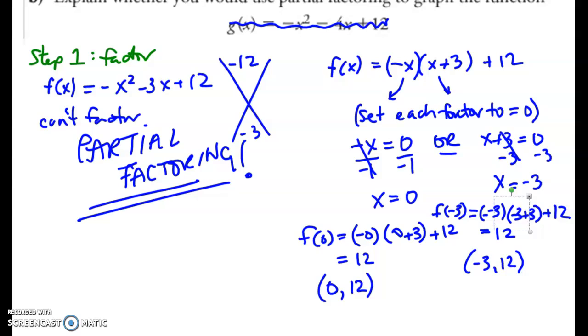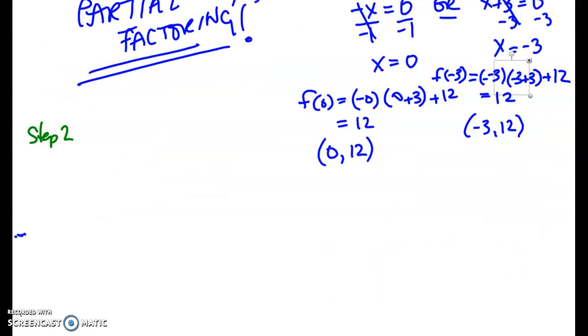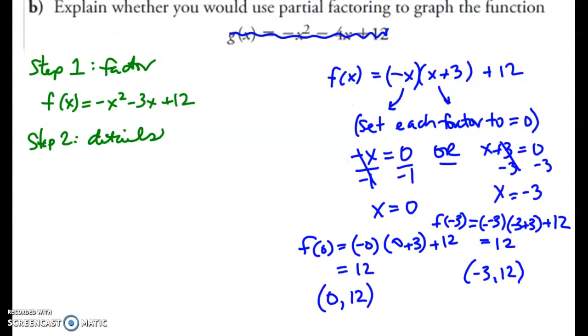Okay, let's sketch it out now. Remember that step 1 is factoring it, and step 2 is finding the details. So I've written the function again right above step 2, looking at the details, so that we can see it right away. Is it concave up or down? Hopefully already you can be looking immediately at the coefficient of the x squared to know that if it's negative, it's concave down.